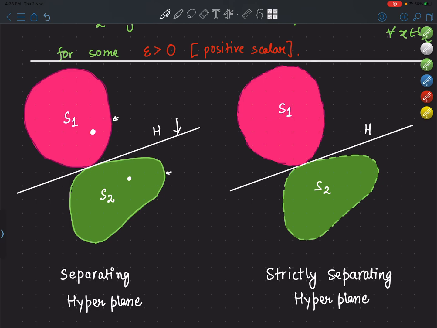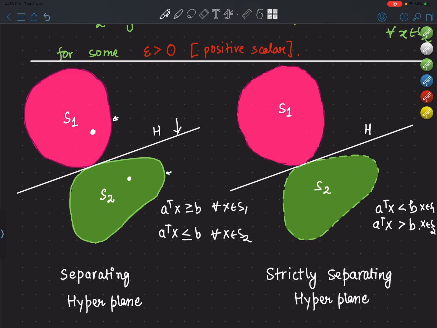We can also have the same sets which are not closed, and for this A transpose X less than B and A transpose X greater than B will be followed for X belonging to S1 and X belonging to S2. So no equality sign will be followed. Here A transpose X less than or equal to B for all X belonging to S1 and A transpose X greater than or equal to B for all X belonging to S2 will be true.